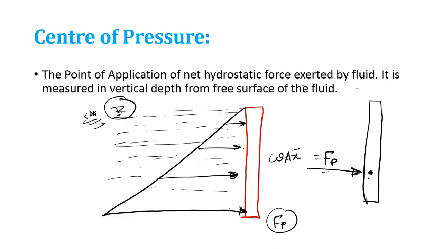This point will be called the center of pressure, and it will be denoted by h bar from the free surface of the water or the fluid, not from the wall surface. Please try to understand. X bar is also from the free surface and h bar is also from the free surface, not from the wall surface. Okay, so I hope it is clear to you all.